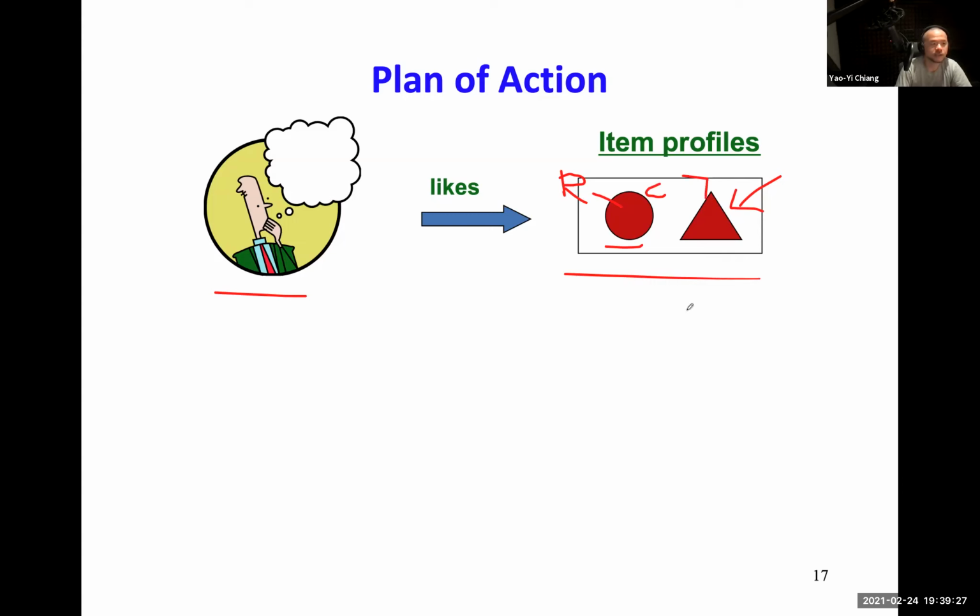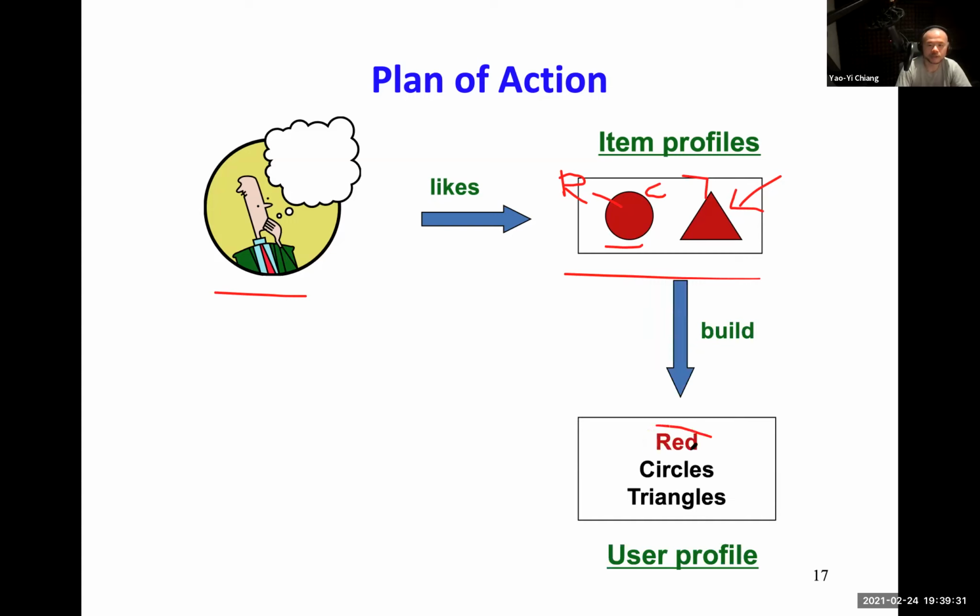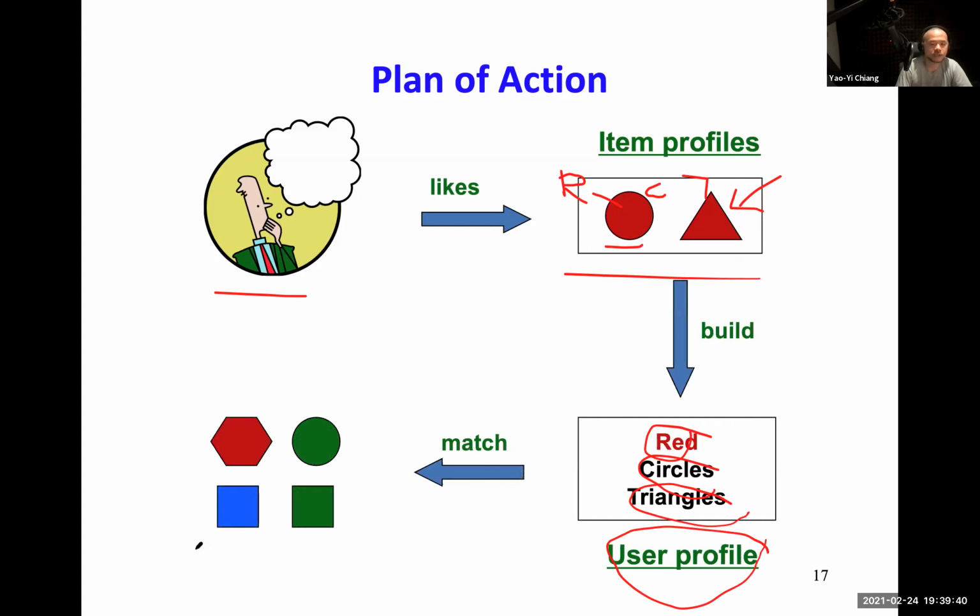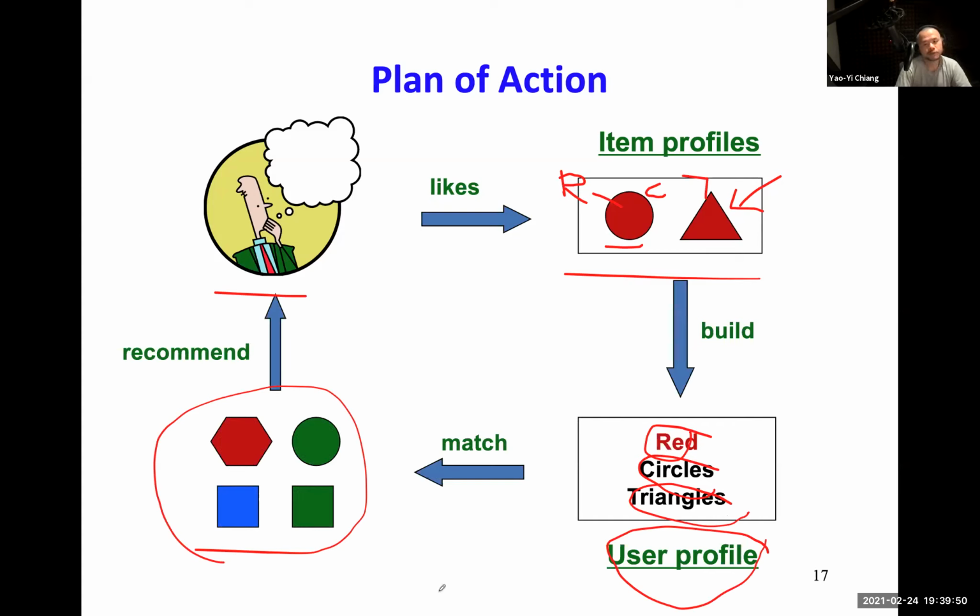Based on this content, we say, okay, the user likes red, the user likes circles, the user likes triangles, and this is called a user profile. Based on this user profile, we can search our item database to find what are the things that are red or circle and triangle, and recommend them to the user. Okay, so very simple.